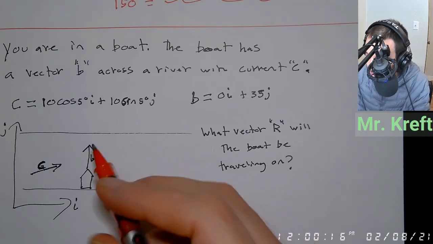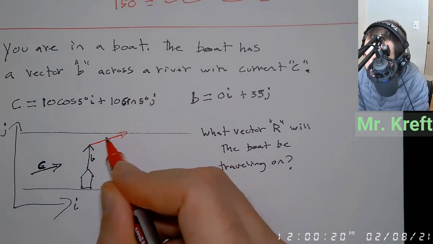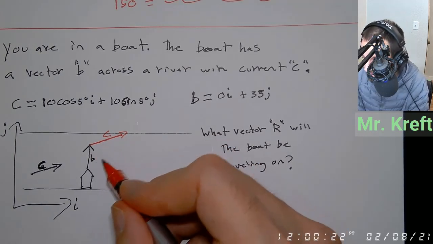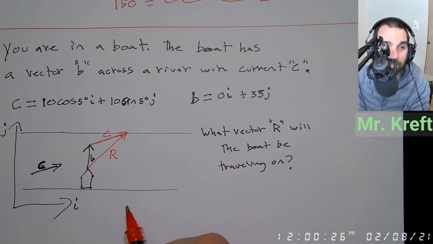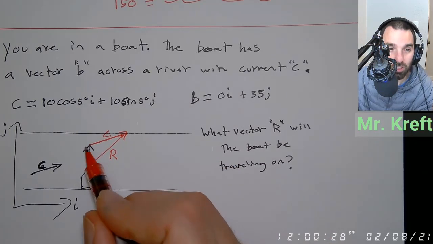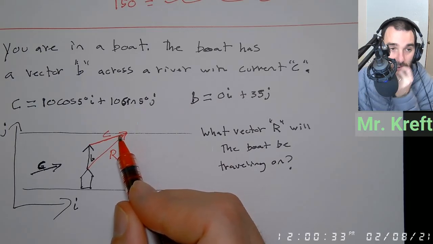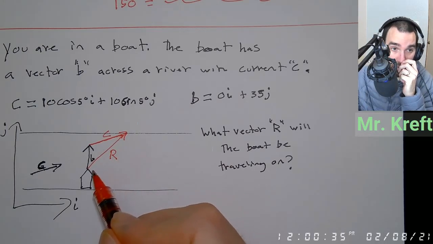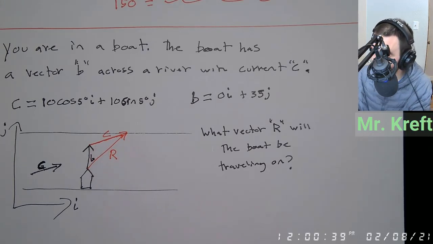Okay, so let's just tidy this up a little bit. So what I can do is I can just add C right here. And then this is going to be R, right? So you can imagine the boat's trying to go straight across. C is going at an angle like this at 5 degrees. So R is going to be connecting those tips. Remember we talked about tip to tip last time?